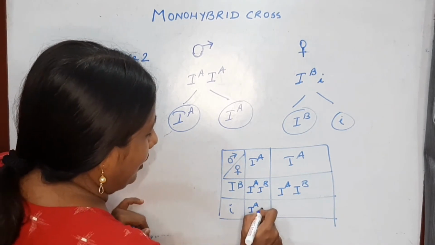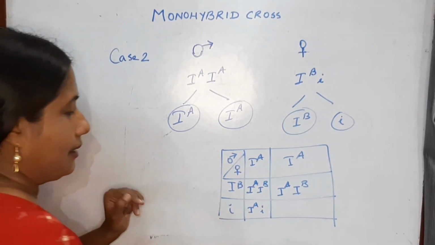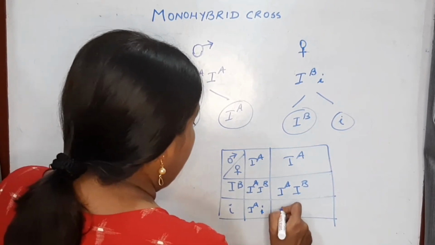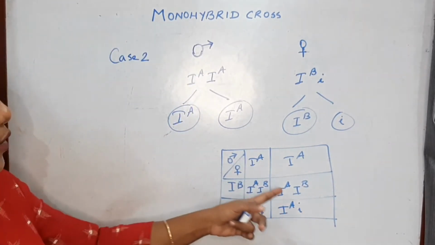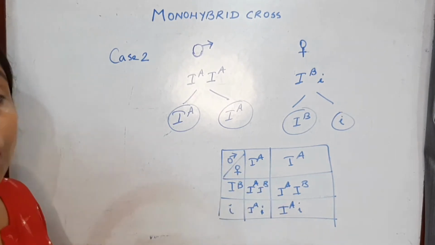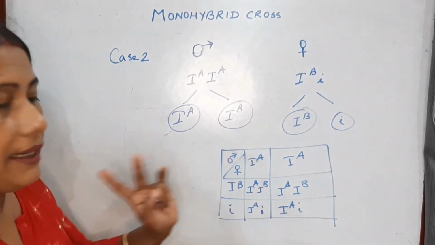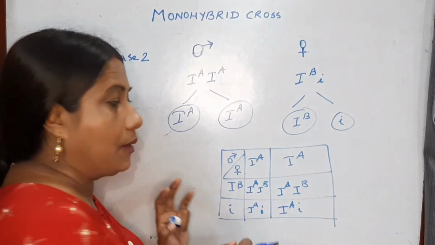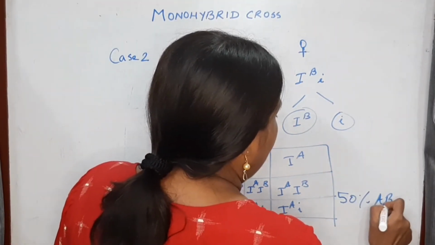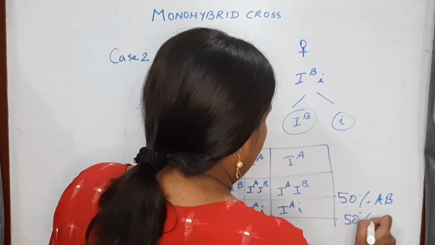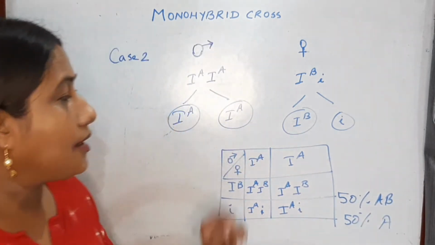Obviously A, because this is I, that means heterozygous A. And there is no chance of a B blood group child. So AB and A: 50% AB, 50% A. So this is case 2.